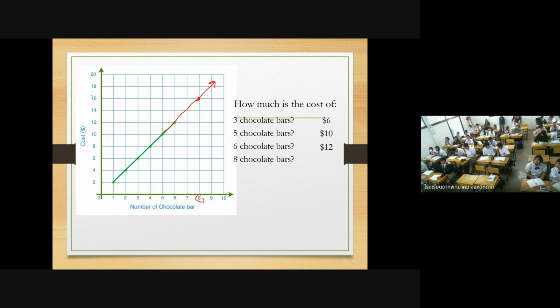What is this one in dollars? That would be 16. So the answer is $16. Who got 4? Okay. Very good. 3. Okay. 2, 1, 0. Understand? Was it difficult?